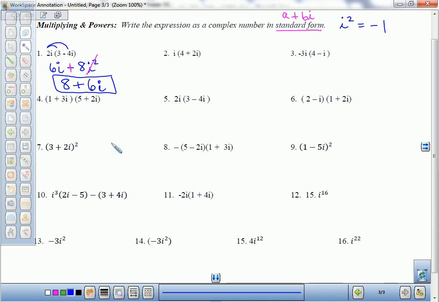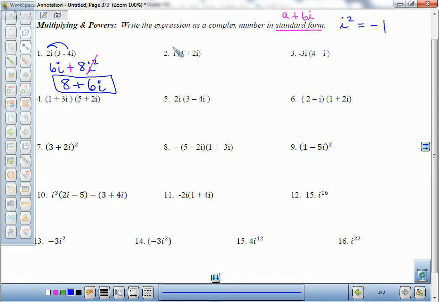We're going to do some cubes in a second, and we'll talk about that. If it were just 8i, we wouldn't change a thing. The only time we have to change is when we get higher powers.